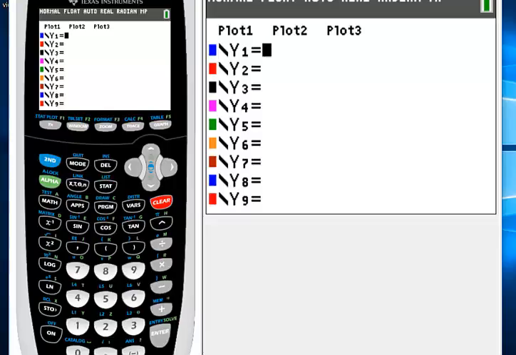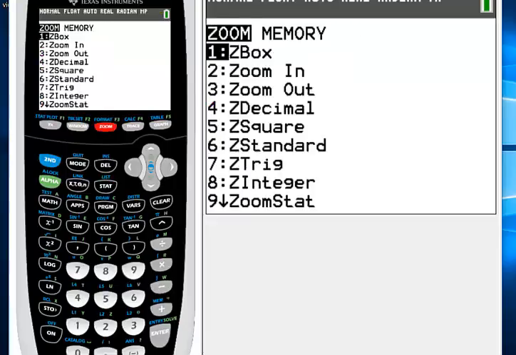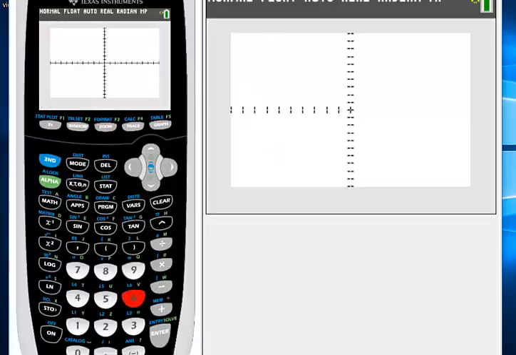I have to think of that as y equals negative 10x plus 80. The y and the equals are there, so I'll simply supply the negative 10x plus 80.